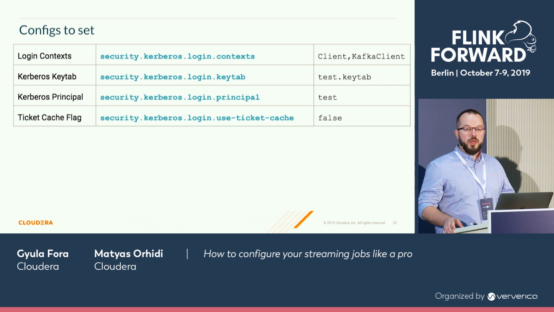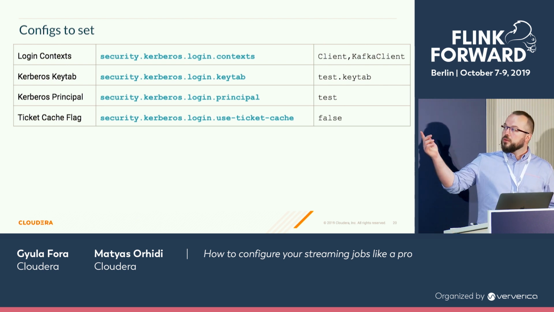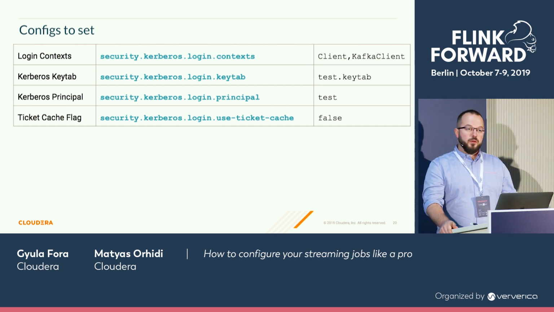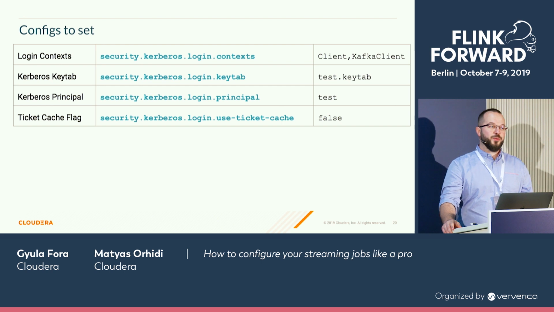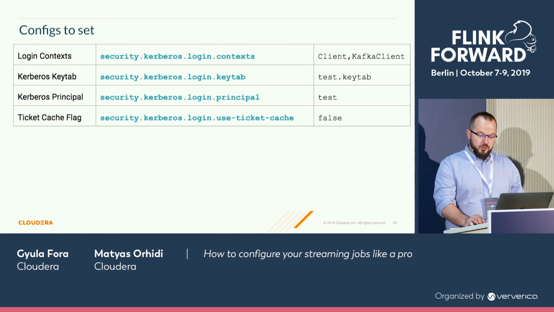They are usually set to renew your tickets at 80% of the expiration time. If you use the ticket from your host, someone has to log in and renew it for you. This is not happening in a production environment, hence it is recommended to always use keytabs in production jobs.